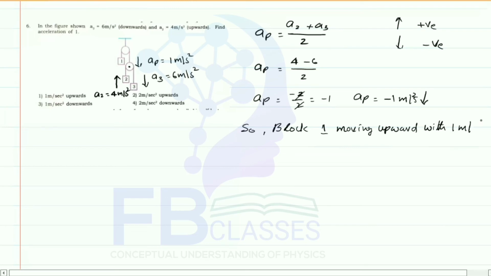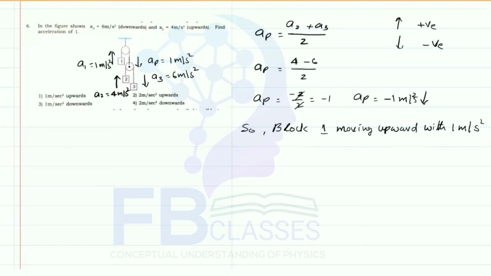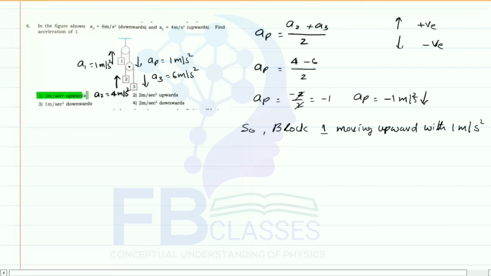So obviously the first block is moving upward with 1 meter per second square. Yes or no? So A1 is equal to 1 meter per second square in the upward direction. So what is the answer, my dear? So our first option is the correct option. Hope you understand, students.